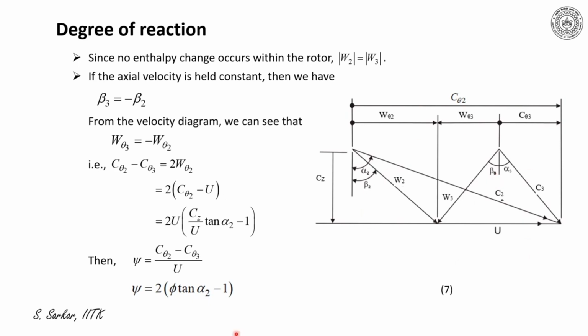Hence del C theta, that is equal to C theta 2 minus C theta 3, would be equal to twice W theta.